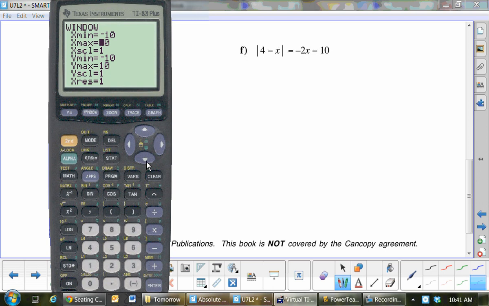So let's do y max as like 20. Okay, so I am still not seeing, I think I'm high enough. Now what should I mess with? Y min, right? Make that negative 20.